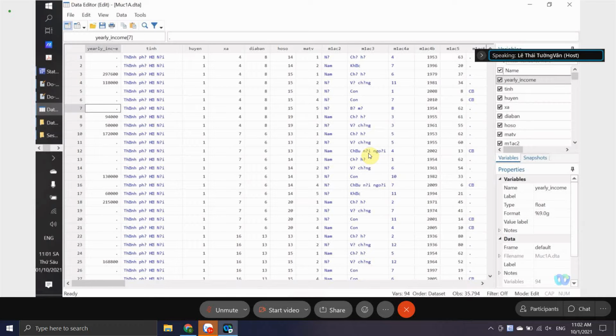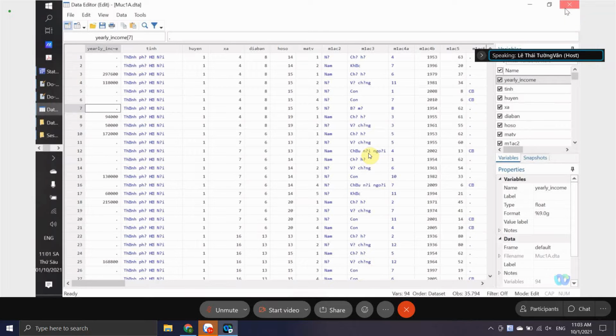So they do not have income last year, unless, to be precise, your scholarship is not considered an income, I think. Because that is a transferred income, right? It's not labor income. So we are talking about labor income. So in that case, you have a missing value here.